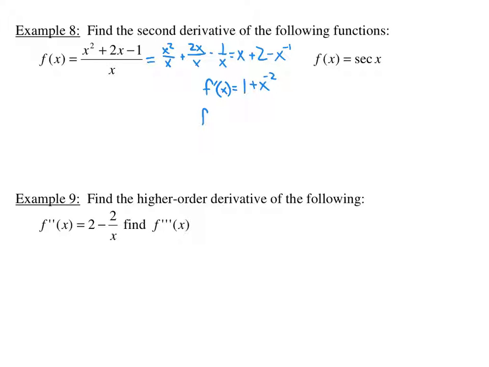Now we can get the second derivative. So we do f double prime. Derivative of 1 is 0. There you go. And at this point, I would go ahead and rewrite that as negative 2 over x cubed. Okay? So there's my second derivative.